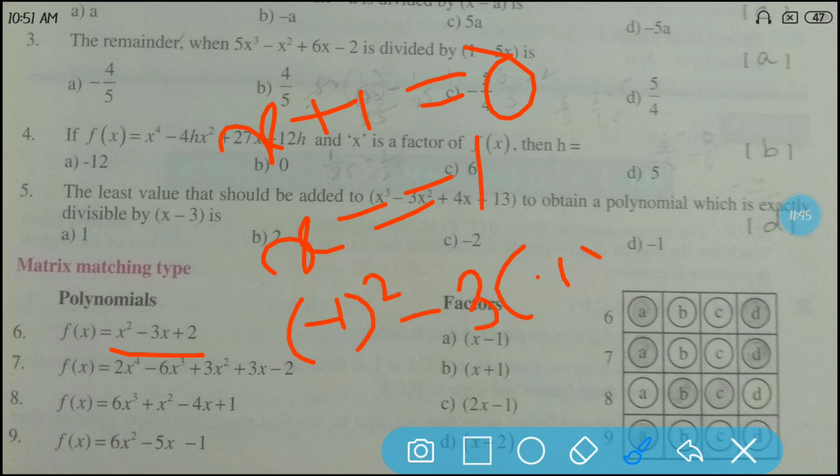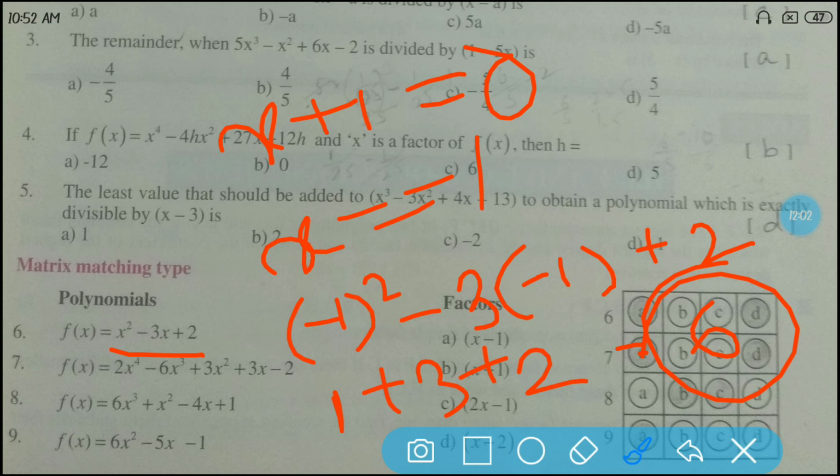Minus 1 whole square minus 3 into minus 1 plus 2. Now minus 1 whole square is 1 only. Minus 1 into minus 1 is 1. And 3 into minus 1, so minus 3, minus of minus 3 is plus 3, right? Plus 2. What is the answer? 6. So it is not a factor. We should get answer 0 only here. Then only it is a factor. So in that way you have to do.